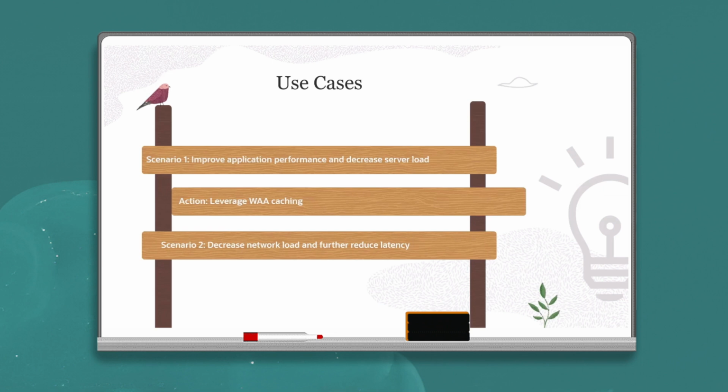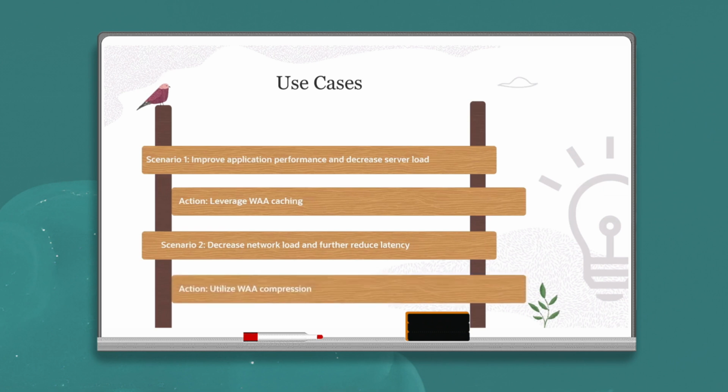That can be achieved by using web application acceleration compression. All in all, we can speed up the traffic on our layer 7 HTTP load balancer by applying a combination of caching and compression. And as I discussed in the whiteboarding, when you create a web application acceleration policy, you have the option to include caching or caching and compression.